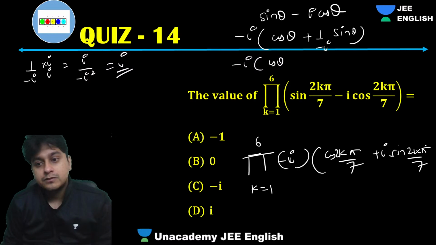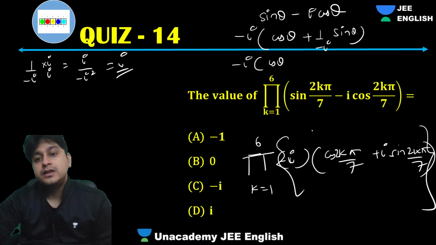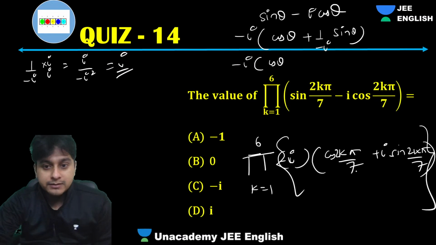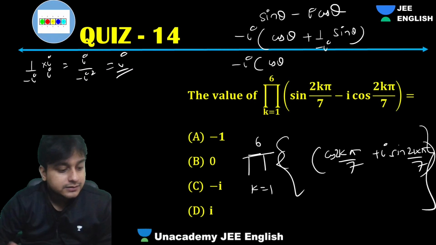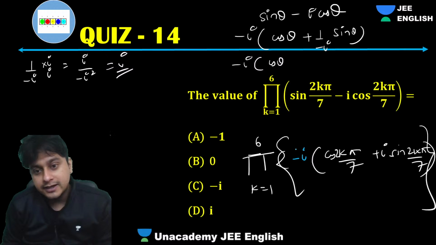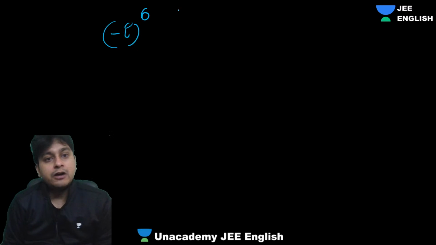Okay. Now, what we need to do is write this as e to the power i 2kπ/7. That will be better. So guys, don't forget, here we have minus i, and it is a product, Π, meaning product of all. We want the product. So minus i to the power 6 will be out, can I say?